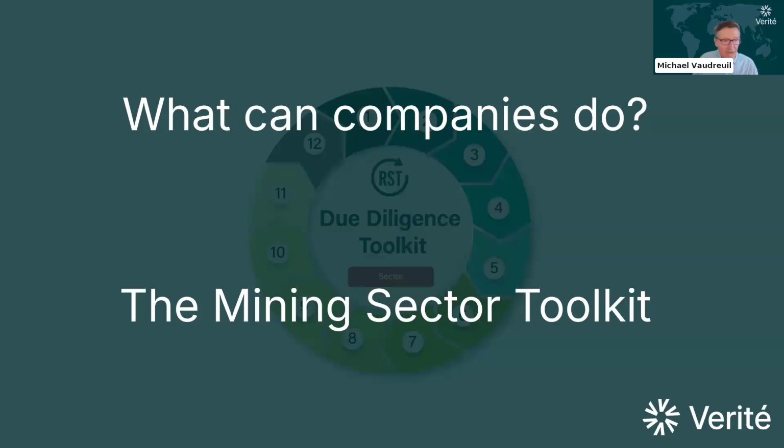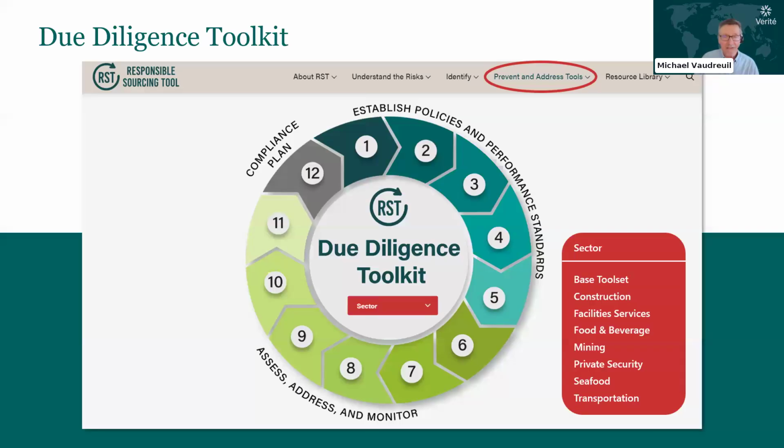All right, so a lot of problems, obviously. So what can an organization that depends on mined metals and other materials exactly do? That brings us to the Prevent pillar of the responsible sourcing tool.